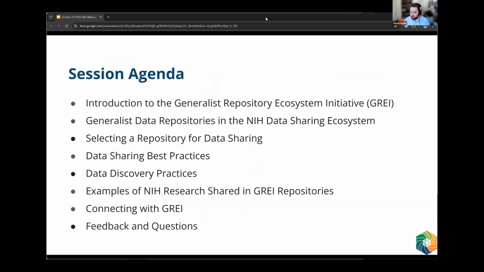To go over the agenda, I'm going to cover the first portion today: introduction to GREI, generalist data repositories in the NIH data sharing ecosystem, and selecting a repository for data sharing. Gretchen is then going to jump in and talk about data sharing best practices and data discovery practices.